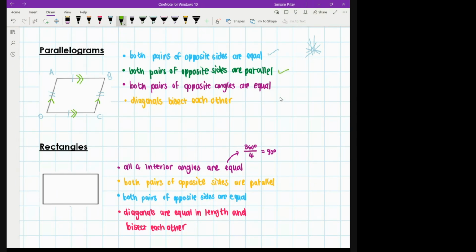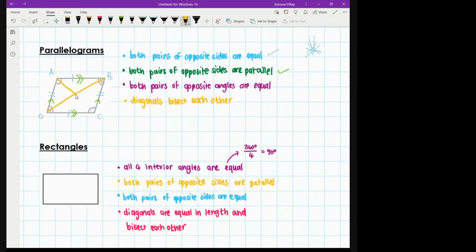Looking at the next one, we have that opposite angles are equal. And so that means that angle A is equal to angle C, and angle D will be equal to angle B. And lastly, we have that the diagonals bisect each other. So remember, a diagonal is the line that joins my opposite corners.